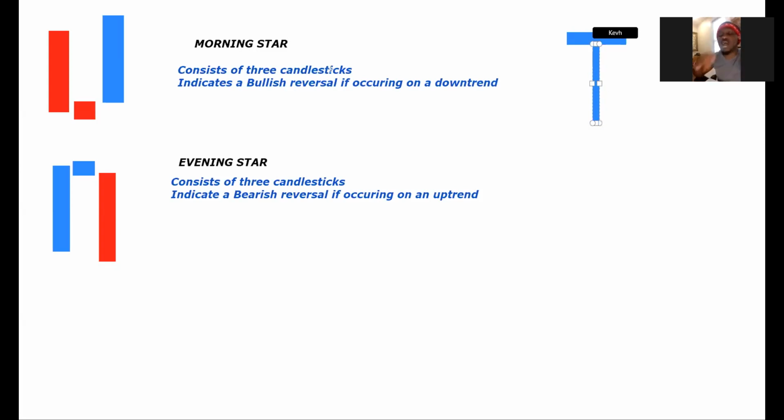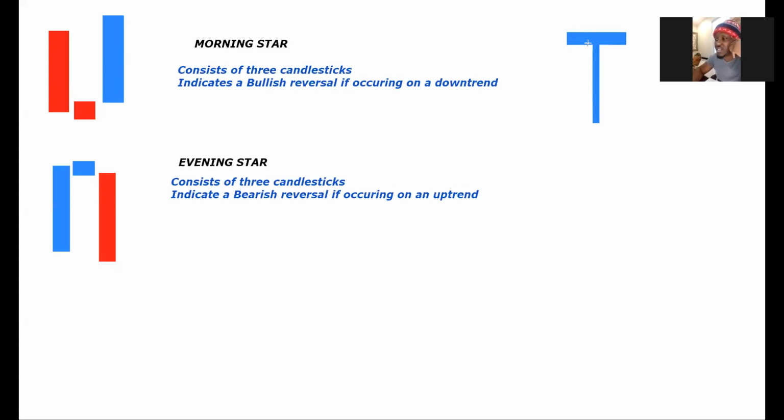So put a mental picture in your head, combine these three candles in your head, right? So if this was 5 minutes candles, turn them into 15 minutes candles in your head, and you're gonna have something like this, right?